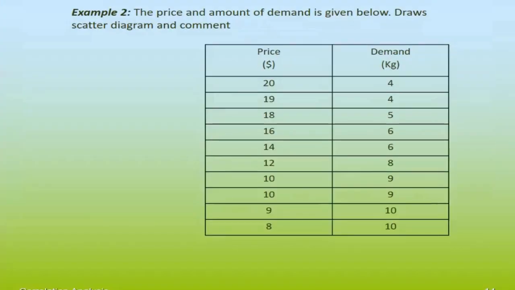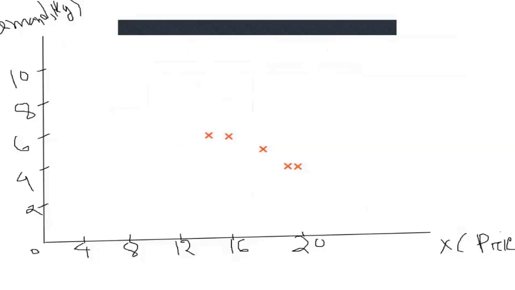Now 12 is 8. For 12, the demand is 8. Now the next one. For 12 we got 8.